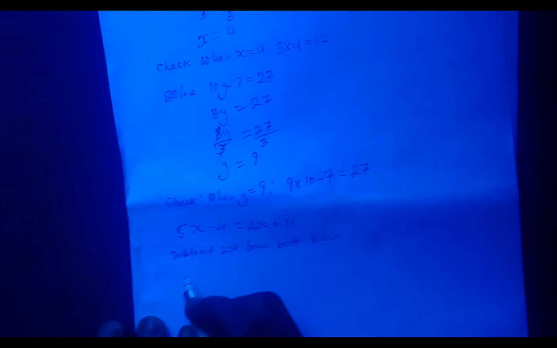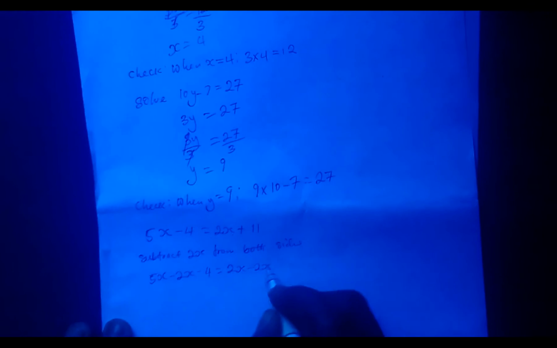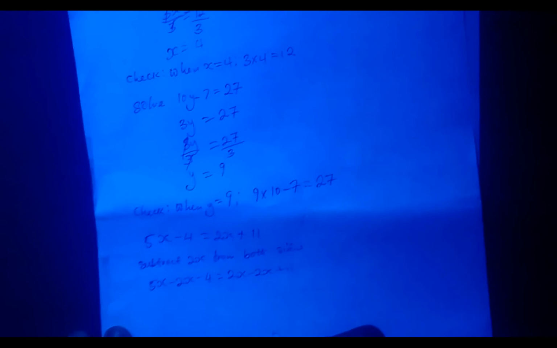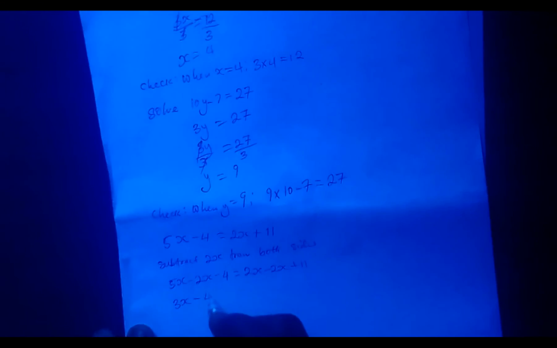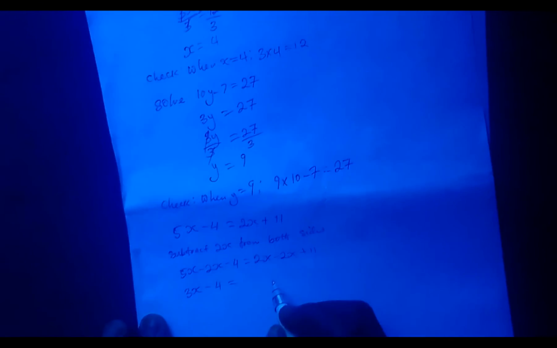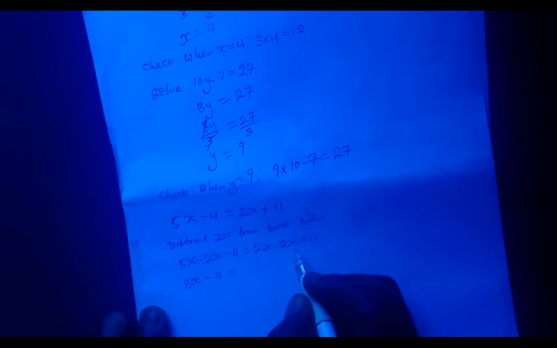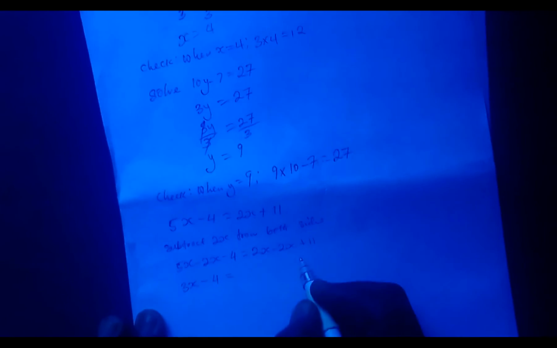Now 5x minus 2x minus 4 is equal to 2x minus 2x plus 11. Now 5x minus 2x, we are left with 3x minus 4, which is equal to 11, since the 2x minus 2x cancel each other.